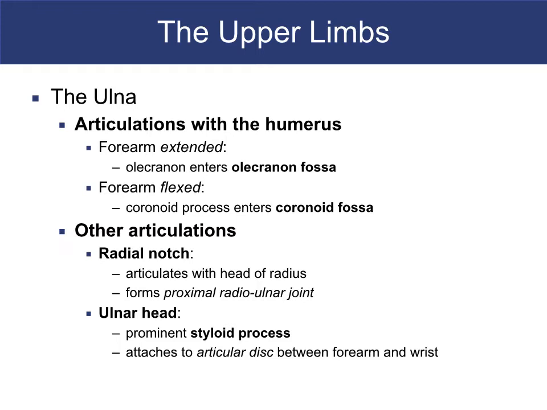This little styloid process forms part of the wrist joint. When these things line up, there's a styloid process on this side and a styloid process on the other side, and that keeps your wrist bones from going too far off to the side. We move our wrists this way, but we don't want our wrists slipping off the side. Make sense?